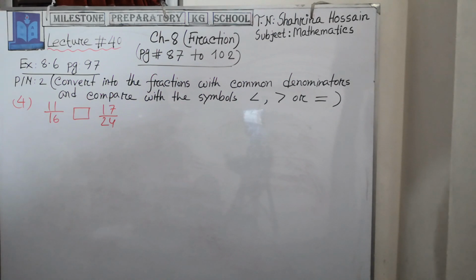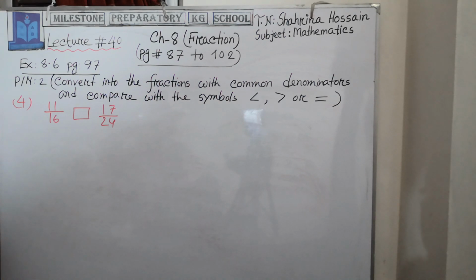How can we compare? Yes, for comparing both fractions, at first we have to make the denominators common. We know when denominators are common, at that time we can easily compare the fractions by following the numerators.